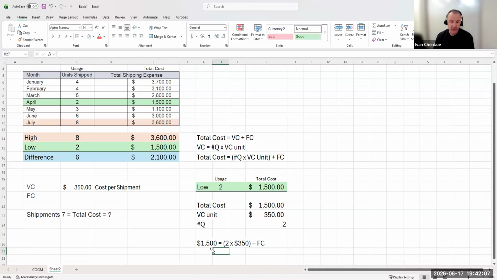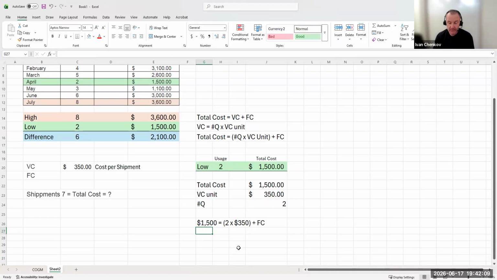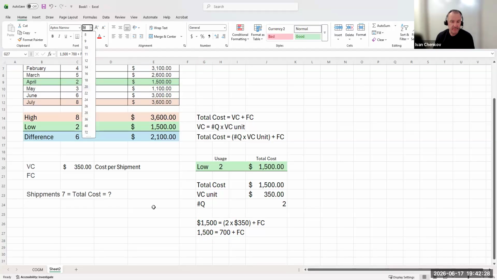And once we solve it, we're going to have 1,500 equal to 700 plus the fixed cost. And the fixed cost will be equal to, somebody already posted, $800. And that person is absolutely totally correct.